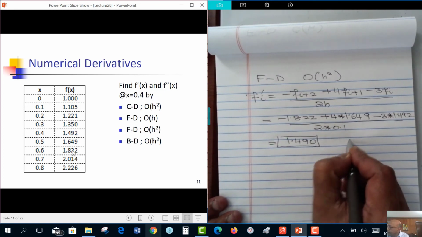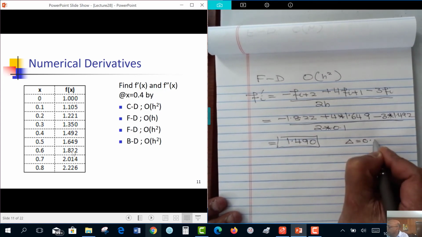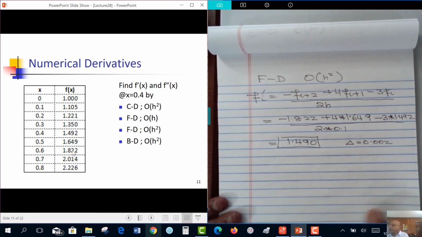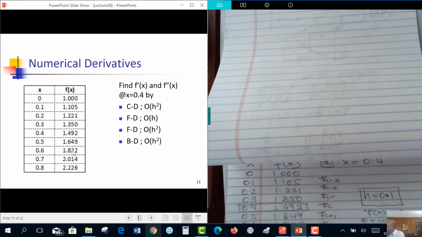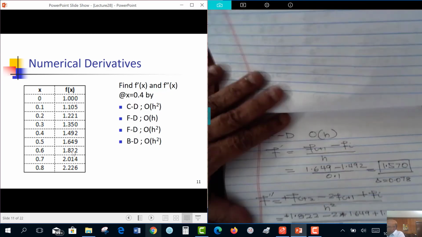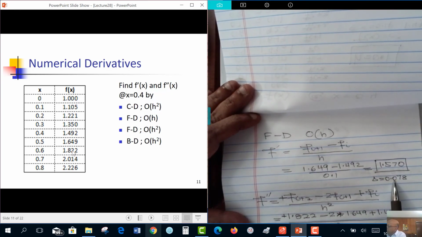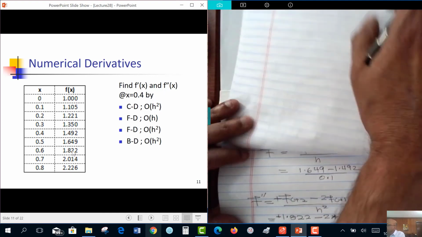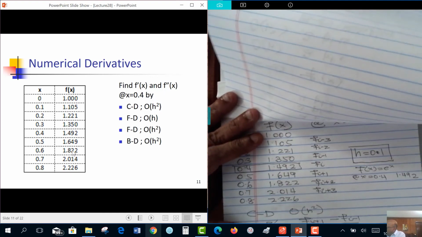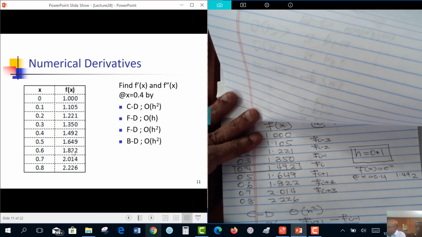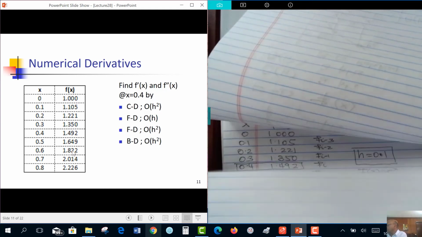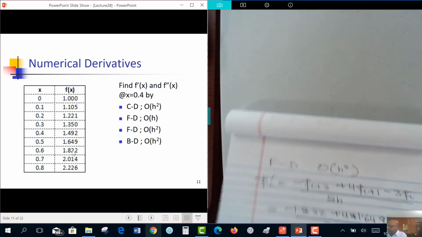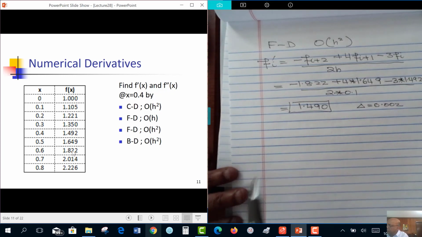So here delta is only 0.002. You might want to compare it. First derivative, order h, larger error of course. Order h square, you can see that this error is comparable, 0.003 versus 0.002.